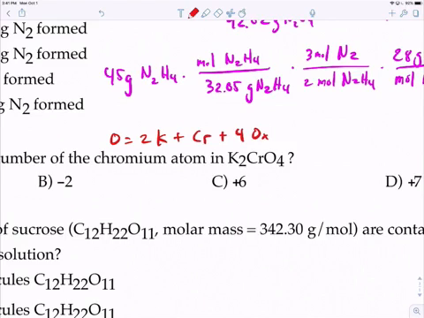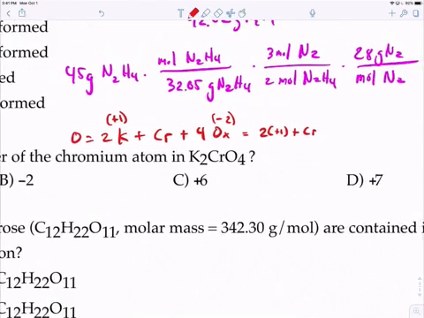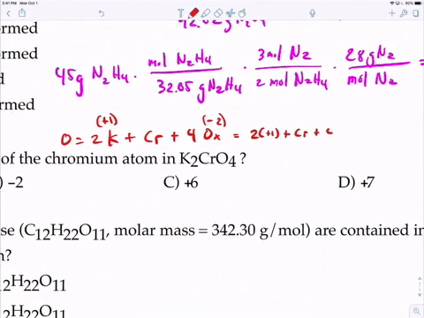And potassium tends to be +1, oxygen tends to be -2. So this is 2 times +1 plus chromium state plus 4 times -2.